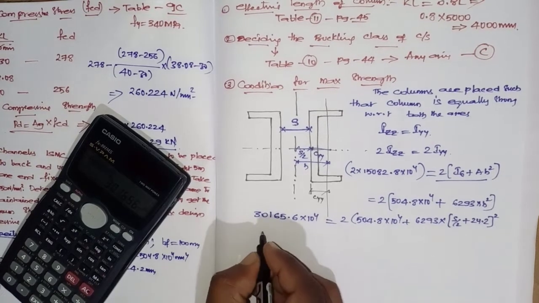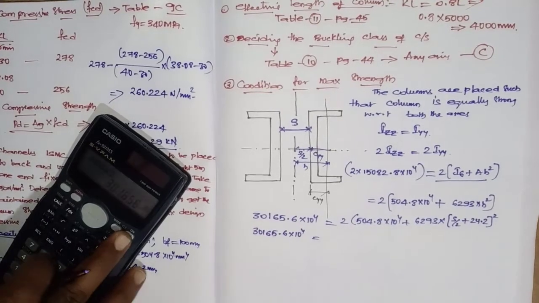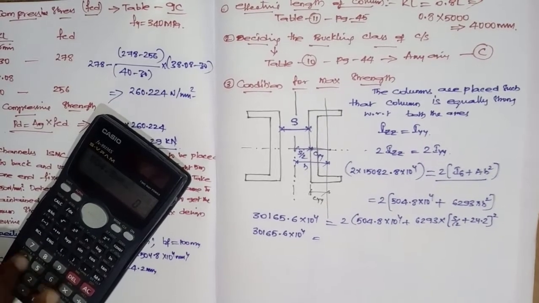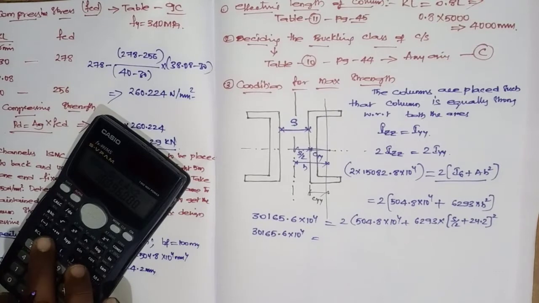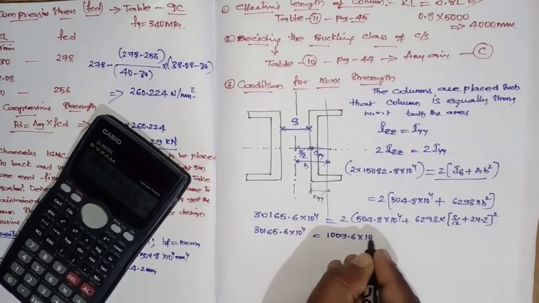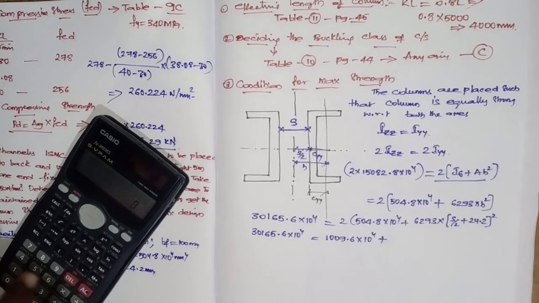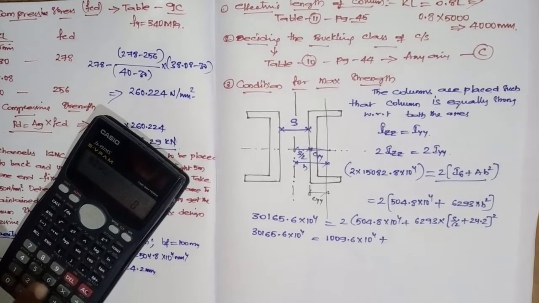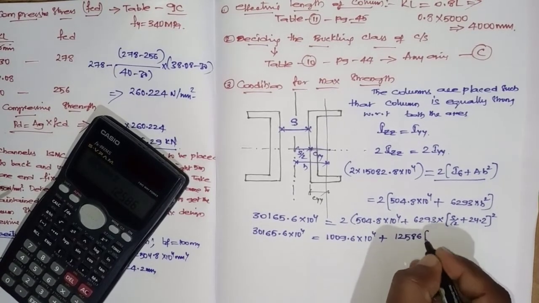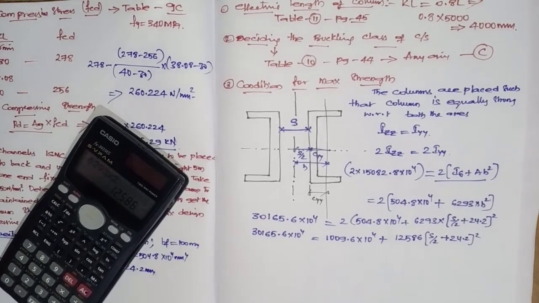Okay. Now 30165.6 into 10 power 4 equals 504.8 into 10 power 4 times 2, which is 1009.6 into 10 power 4, plus 6293 into 2, 12586 into S by 2 plus 24.2 squared.